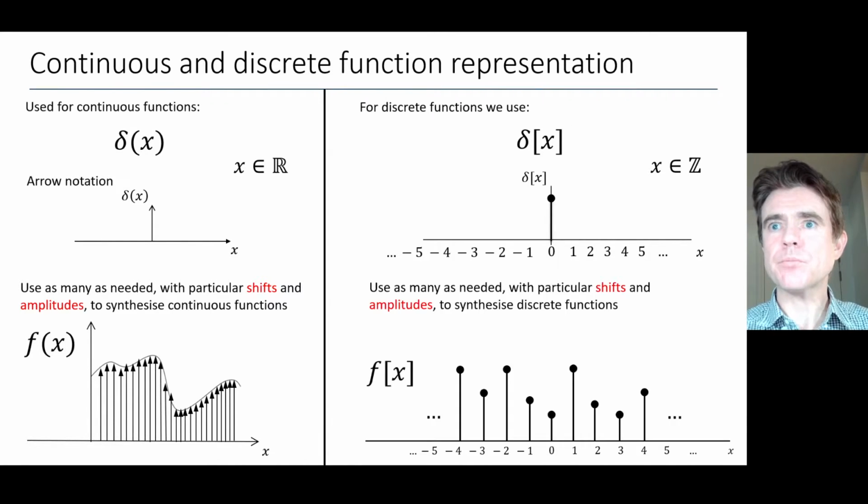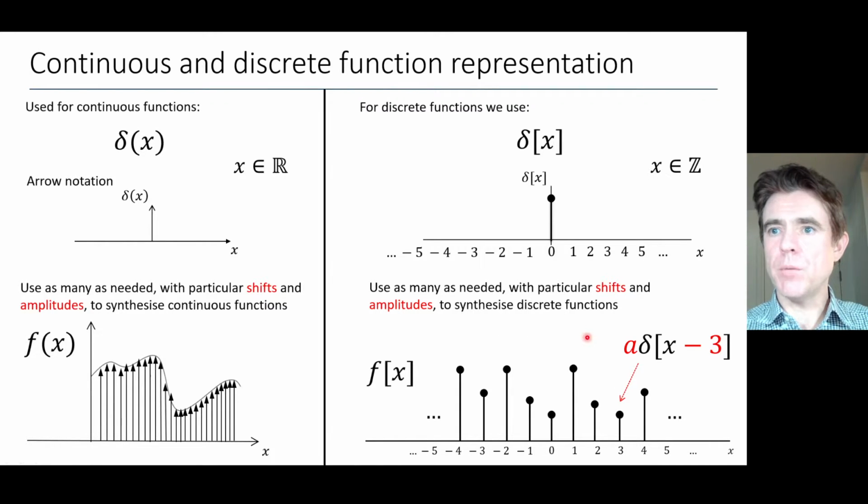Okay, so just like we saw for the continuous case here, likewise for the discrete case, what I can do now is shift and scale or control them with amplitudes, these discrete delta functions, in order to create any arbitrary function of interest. I'm showing just positive values here, but they could of course be negatives as well.